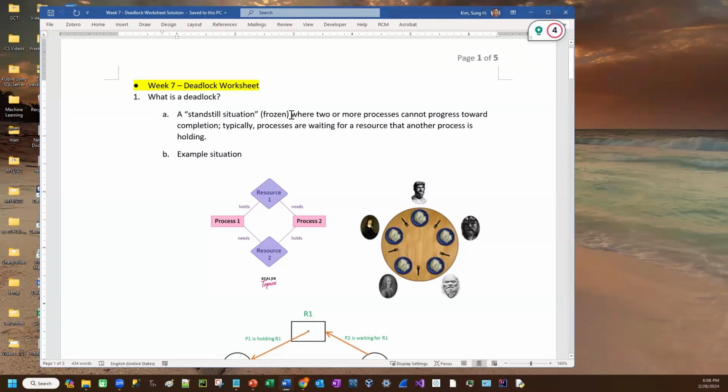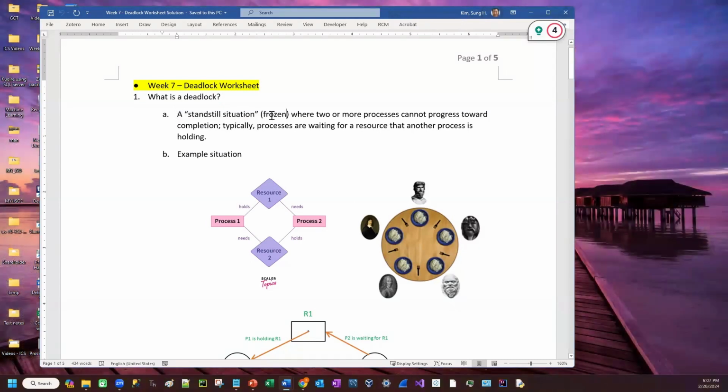But basically, it is a standstill situation, particularly frozen. It can be standstill with things going on, but if it's not moving forward toward completion at a reasonable pace, then it's a deadlock. And by a reasonable pace, I mean anything not longer than 1 millisecond. Anyway, this is the definition that I want to give.